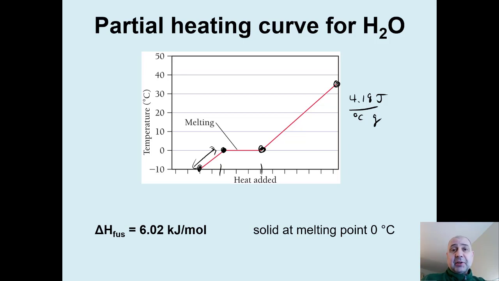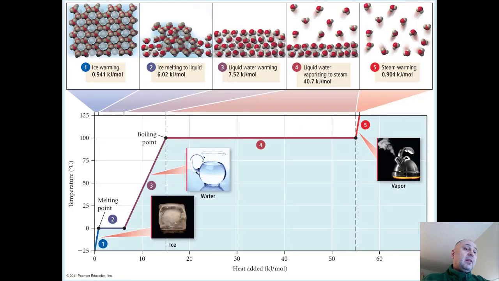parts that I could ask you about on an exam or in the active homework set. This is an entire heating curve going from negative 25 degrees to 125 degrees Celsius.